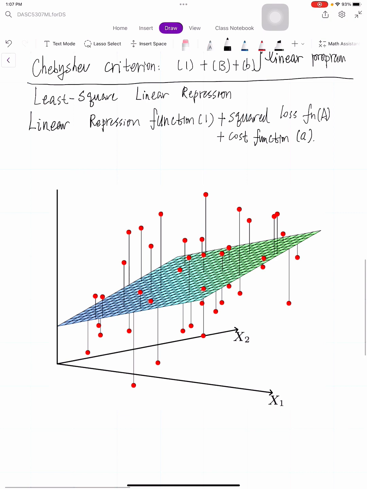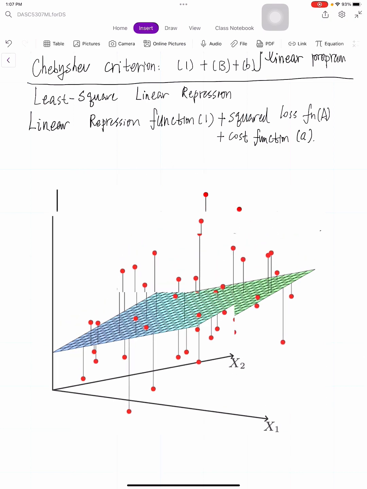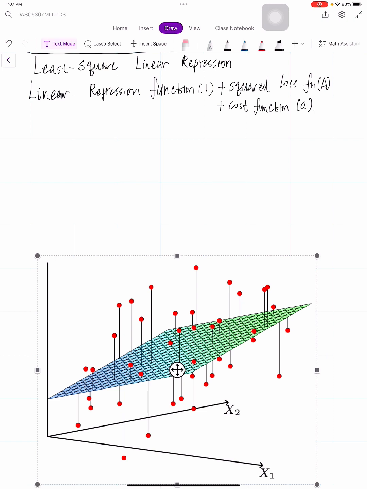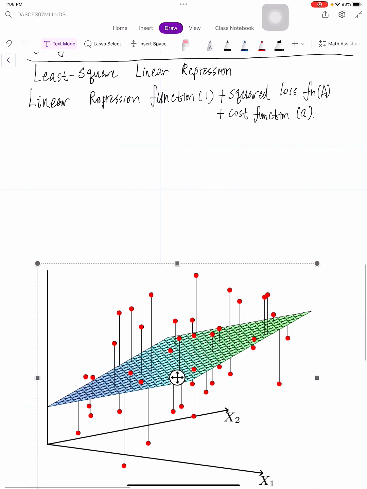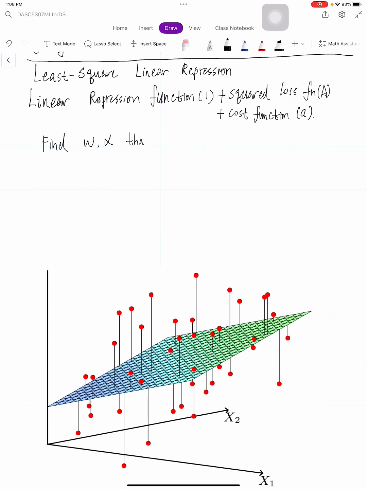So in other words, the problem is actually an optimization problem. We are looking for the weight W and intercept alpha that minimize the mean squared error loss.